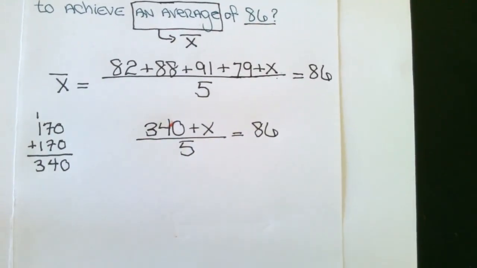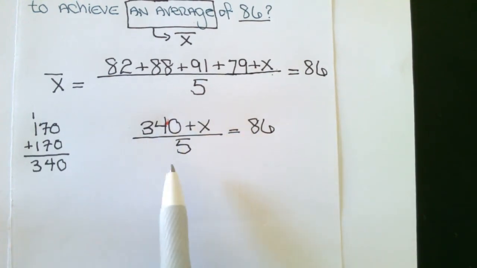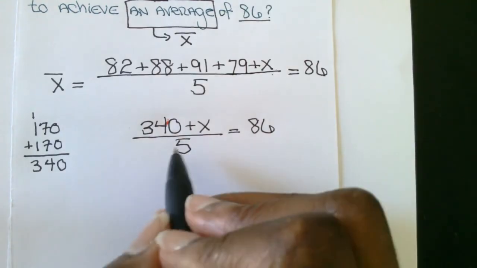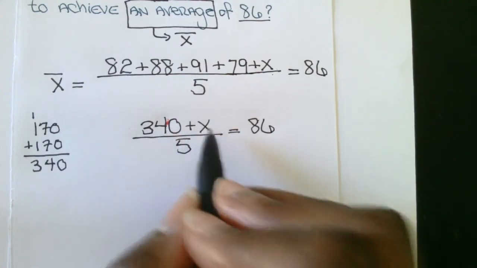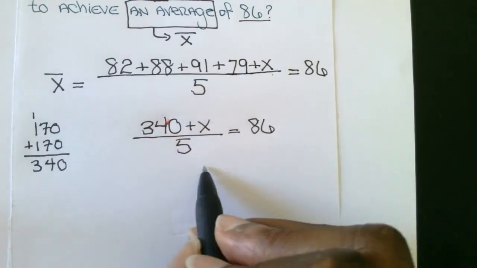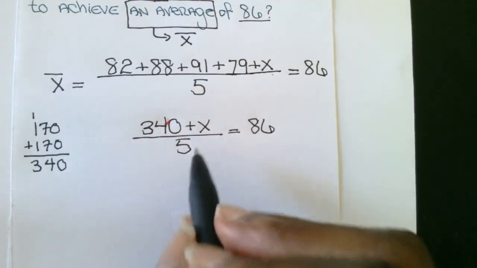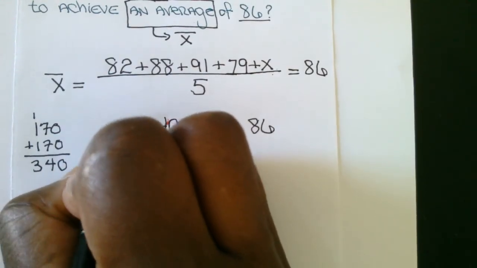Now, we want to solve for x. So we need to isolate it. That means I need to get it out of this fraction form. How do I do that? This is division. Yes, there's addition in the numerator, but this whole thing represents division because it's a fraction. The inverse of division is multiplication.